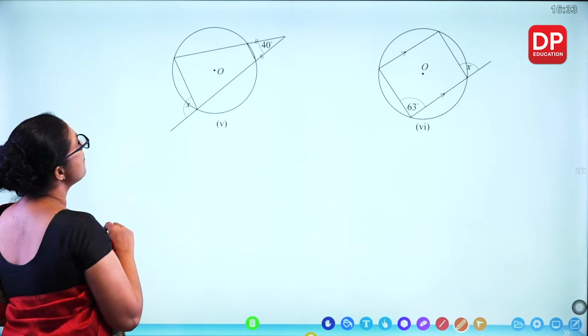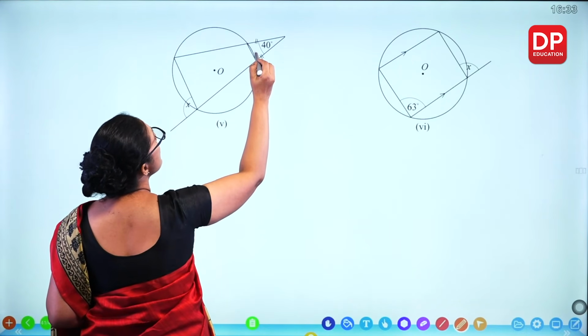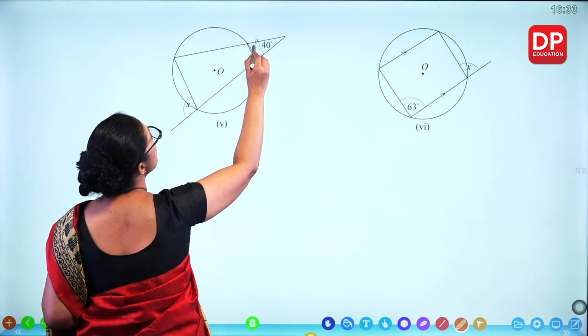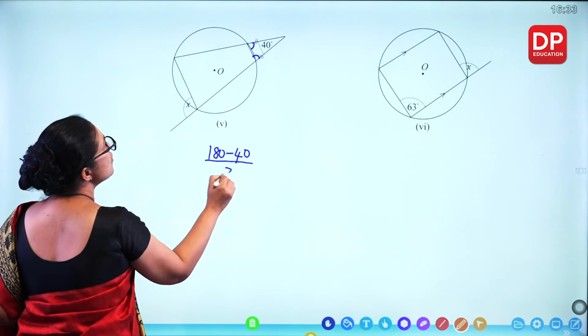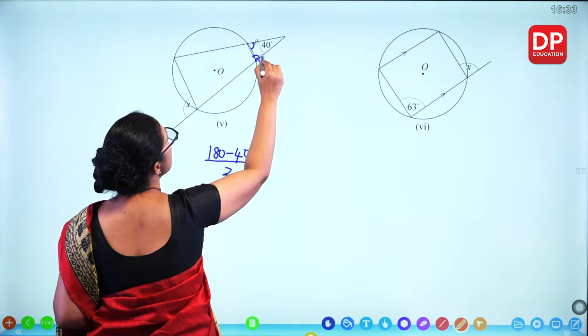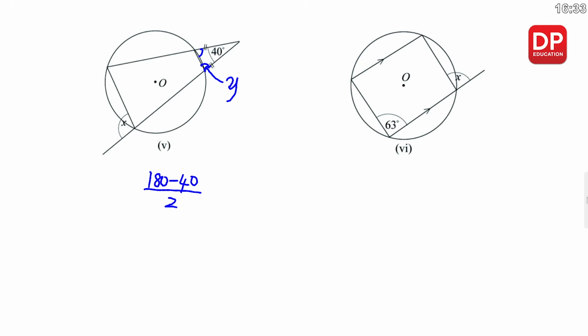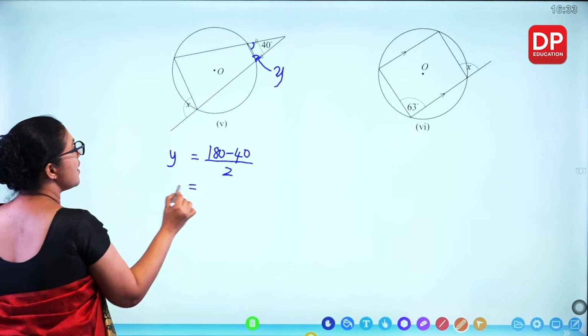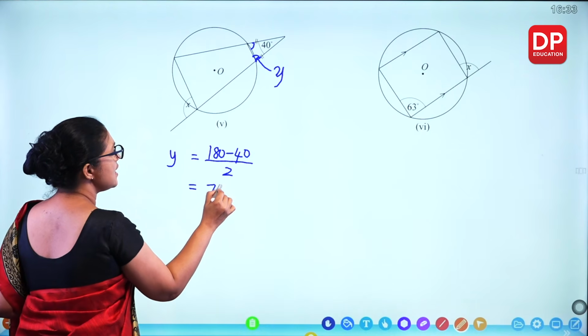This one, this is 40. So what's this angle? One angle you can write down 180 minus 40 divided by 2. I'll put this one as y. That's y angle. 180 minus 40 is 140, divided by 2, 70 degrees.